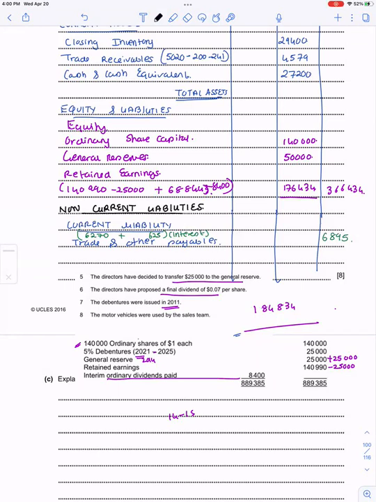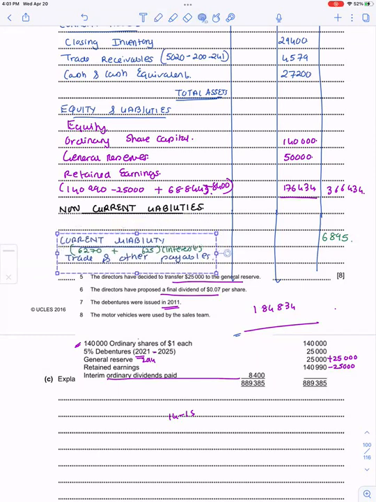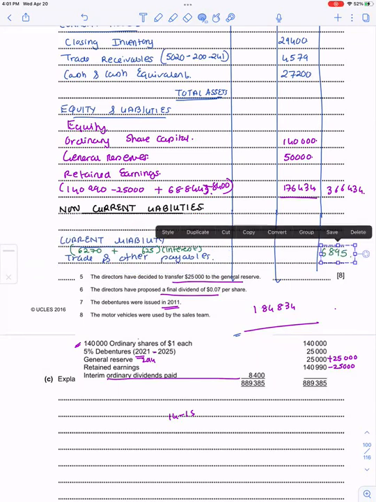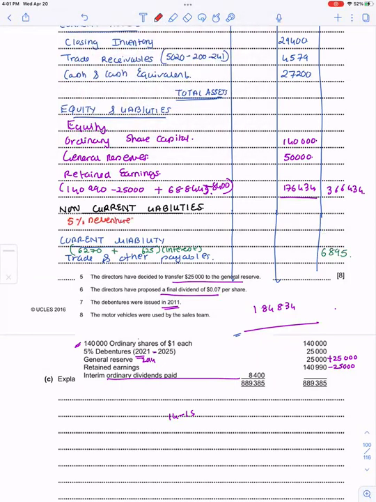That is your 5% debentures. You will write 2014 to 2025 now. 25,000.